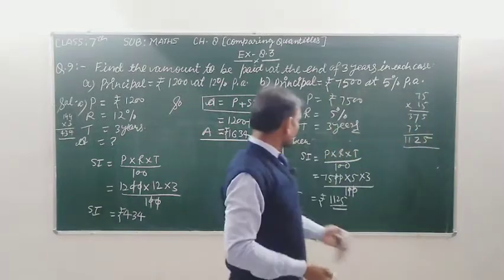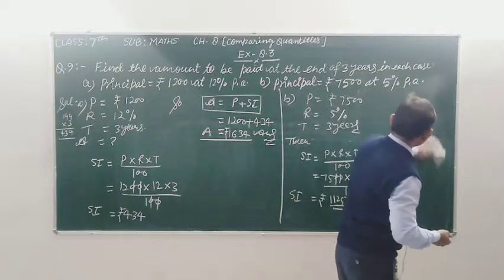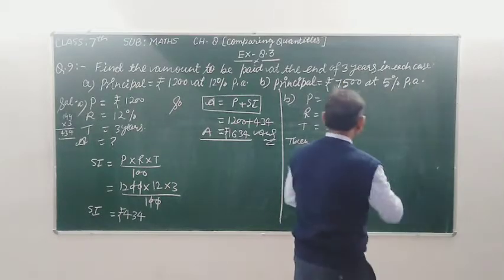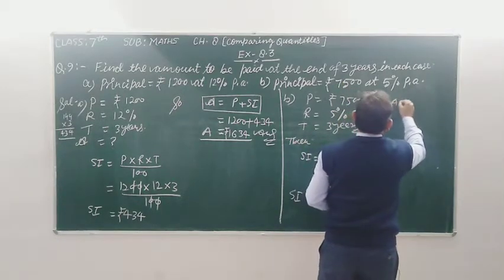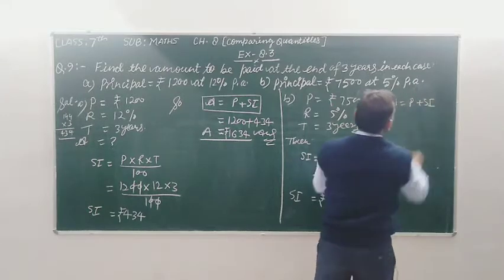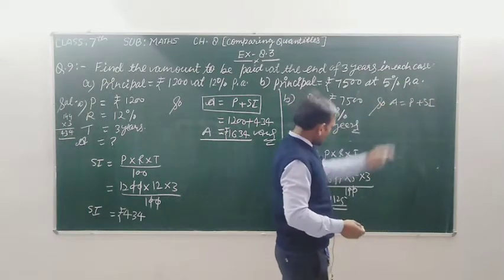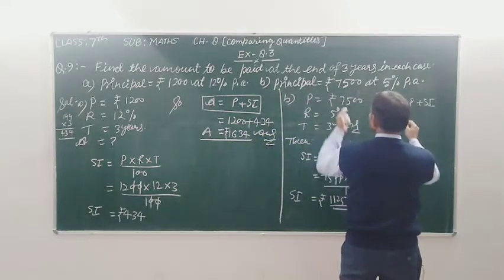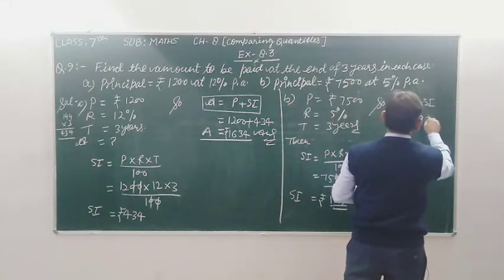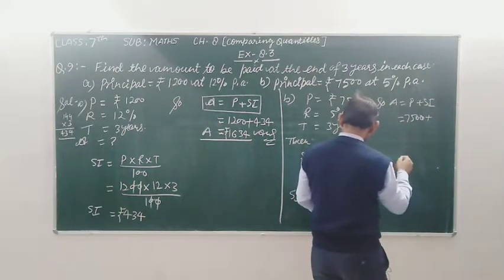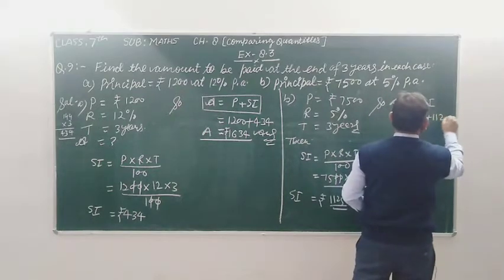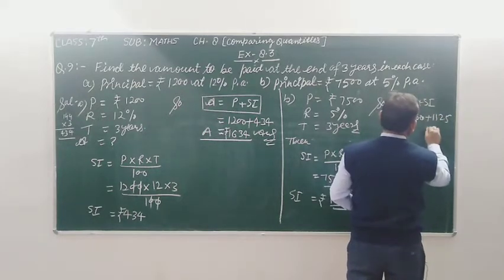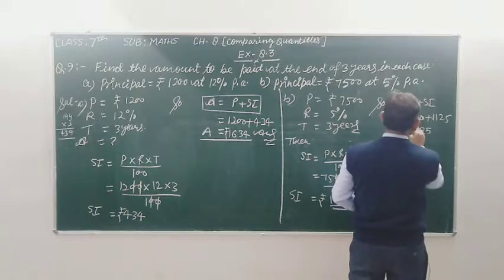If you have found out the SI, then you can find out the amount easily. So A is equal to P plus SI. This is the formula for finding the amount, and SI you have already found out. So put this value in this formula. P is given 7500 plus SI is 1125. Now add it. 5 plus 0 is 5, 2 plus 2 is 4... 5 plus 1 student, that is 6, and 7 plus 1, that is 8.